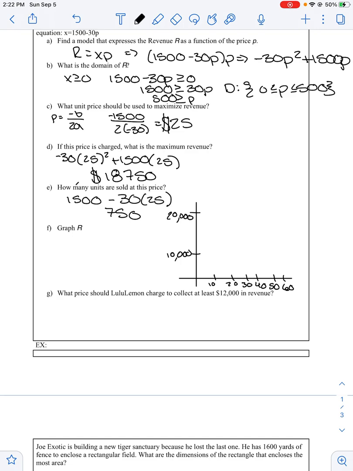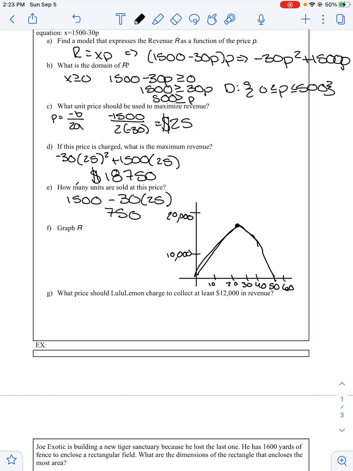So 25, 18,750 is about here. And then if we plug in some other points, we would get our graph looking something like this. And you can graph this on your calculator to get more accurate points.